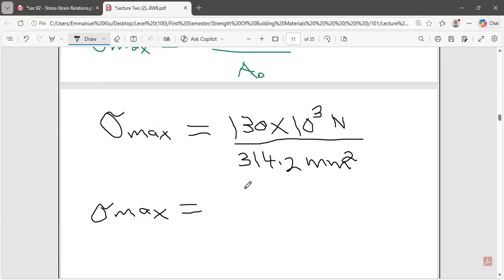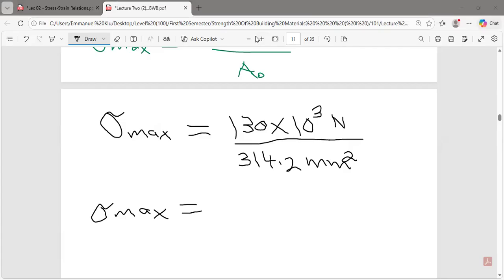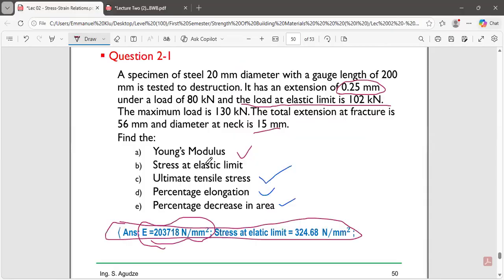314.2. So let me check the comment section. Okay, I can see a lot of people are precise. So I think we are all on the same side. We are all supposed to be getting... Let's compare that to our slide.